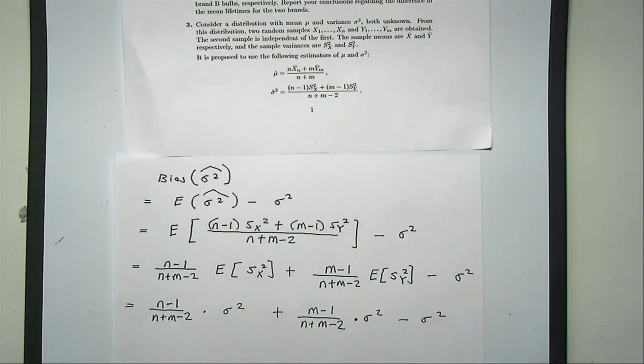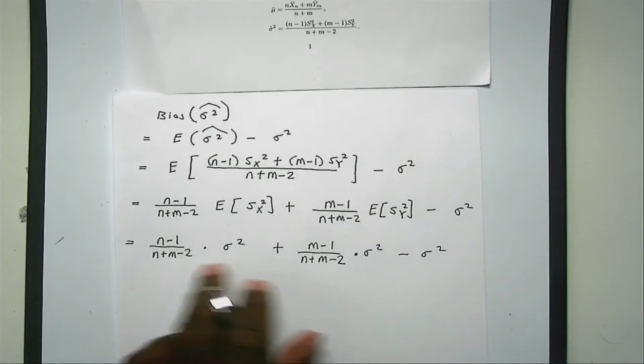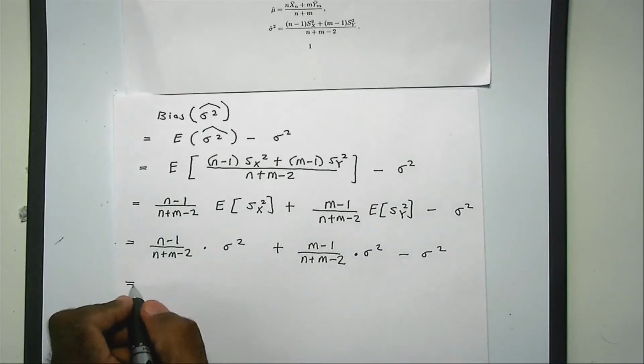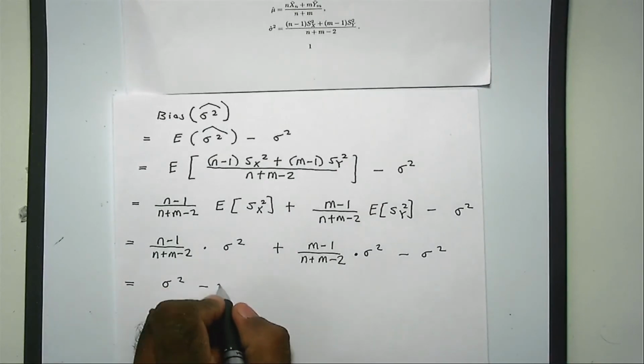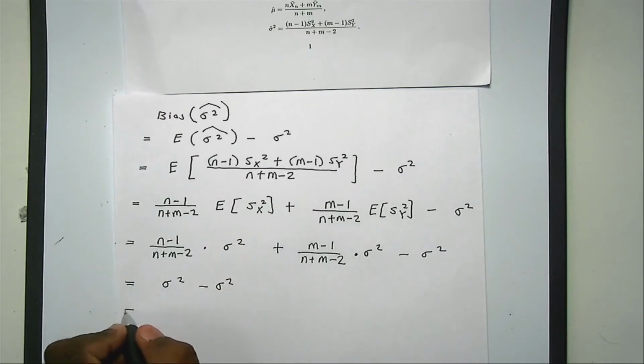Right? Okay, now if you sum these two, you get sigma squared minus sigma squared, which is 0.